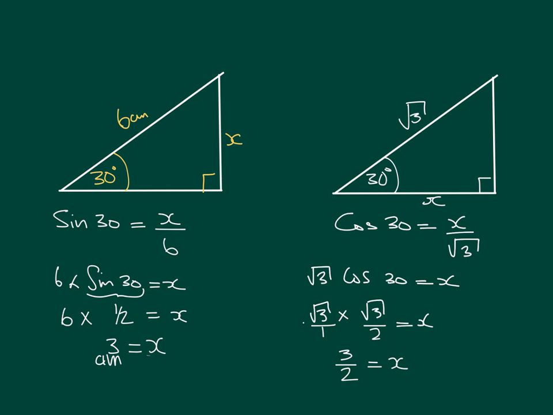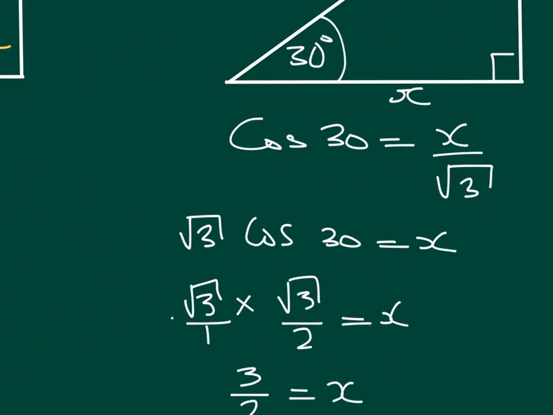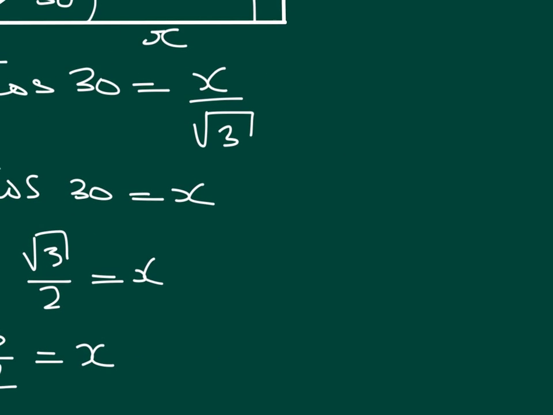If you're wondering how root 3 times root 3 gives you 3, I'll just do a quick aside here because somebody might not know. Root 3 times root 3 is the same as 3 to the power a half times 3 to the power a half, because square root is to the power a half.